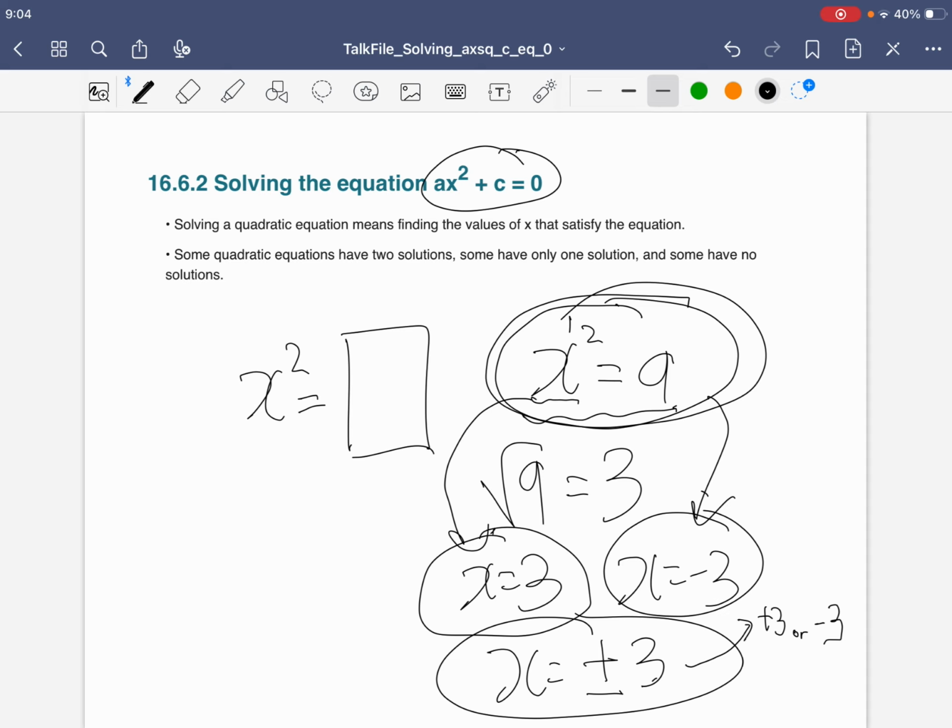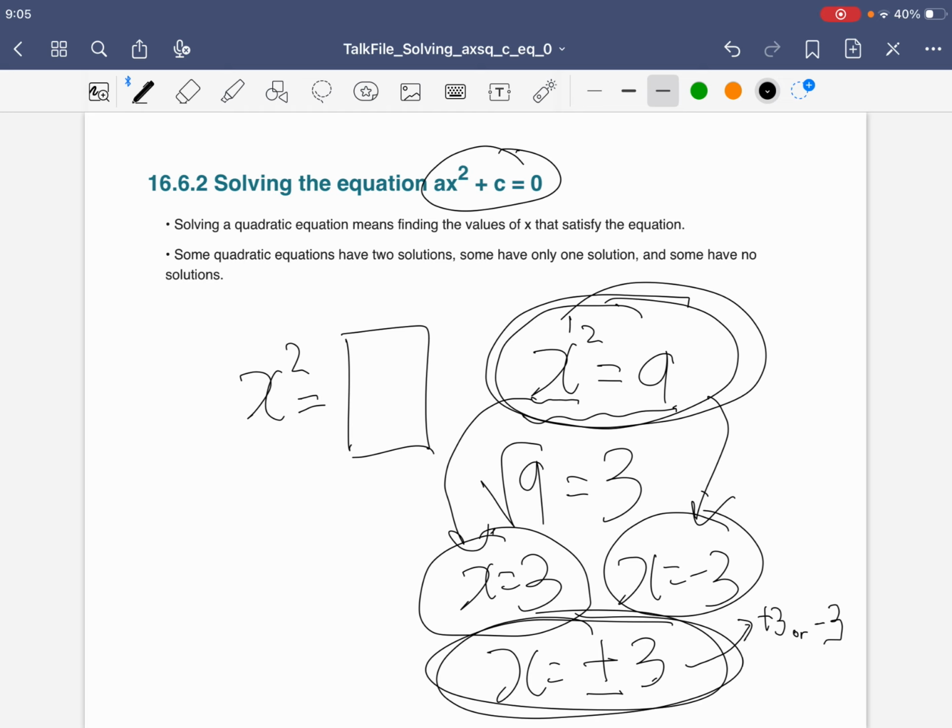It turns both positive 3 and negative 3 into the same 9. So when we reverse the process, we don't know which one we started with. That's why we keep both, positive 3 and negative 3. When we square a number, you don't know the sign. That's why we usually have two values.